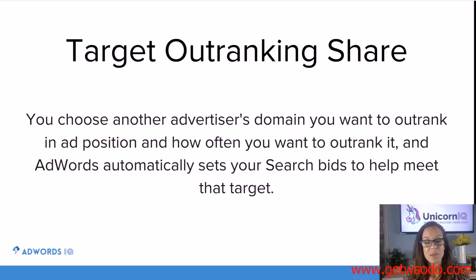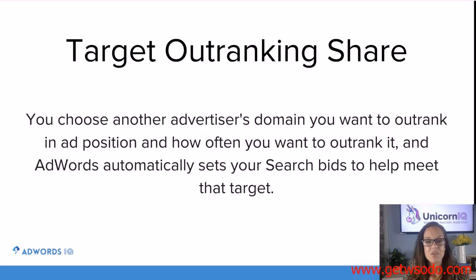And then AdWords automatically adjusts the advertiser's bid accordingly, in a way that is going to have you outrank them. And there's a whole bunch of settings that you can get in there and toy around with.